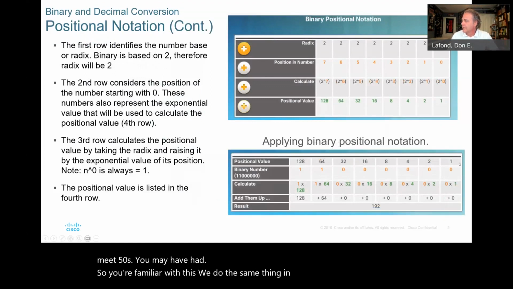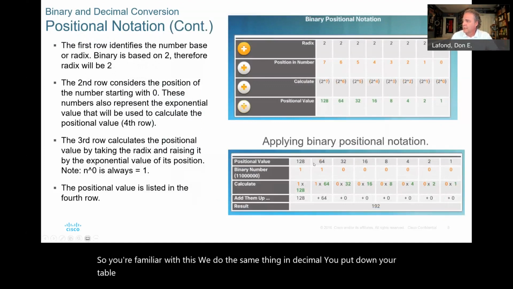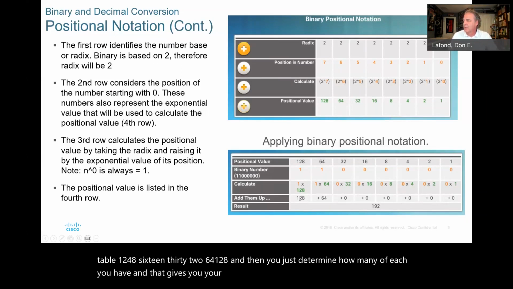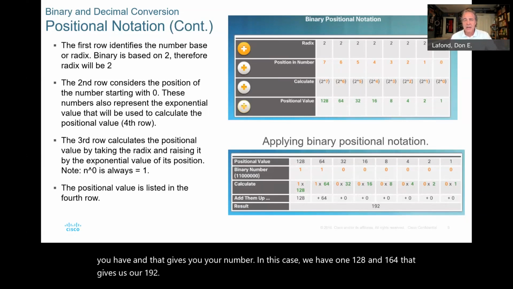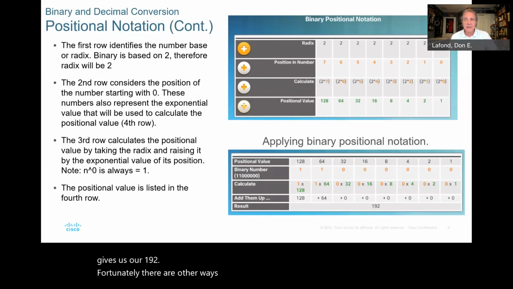You put down your table 1, 2, 4, 8, 16, 32, 64, 128, and then you just determine how many of each you have, and that gives you your number. In this case, we have 1 128 and 1 64. That gives us our 192. Fortunately, there are other ways to convert these numbers in your head.